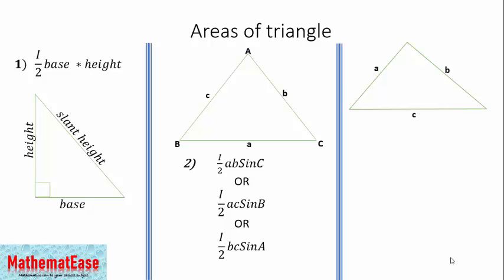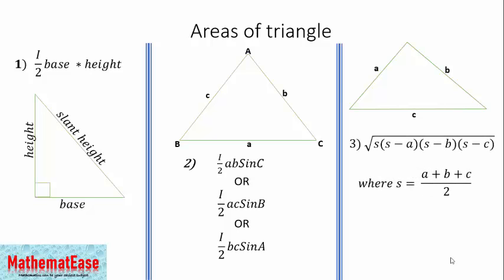That is your S. Then you use the formula square root of S times (S minus a) times (S minus b) times (S minus c). By the time you multiply S minus a, S minus b, S minus c, and find the square root, you get the area of the triangle straight away.